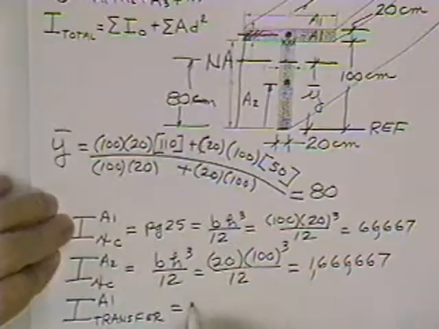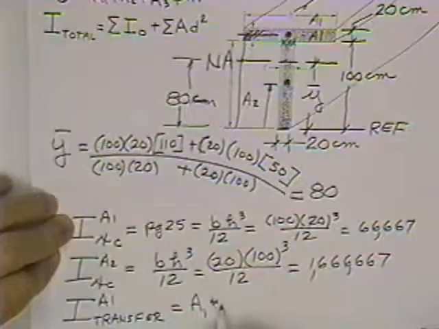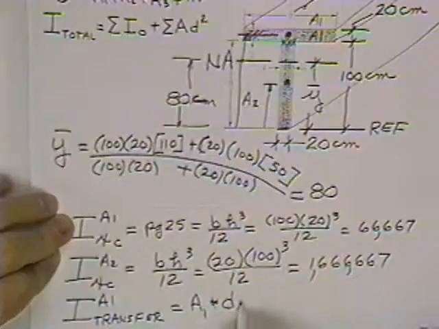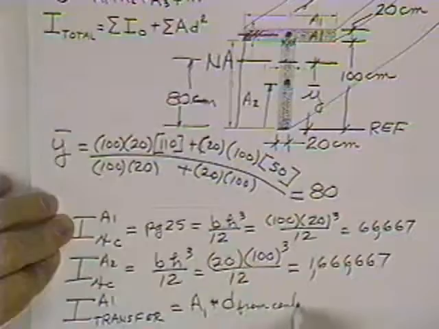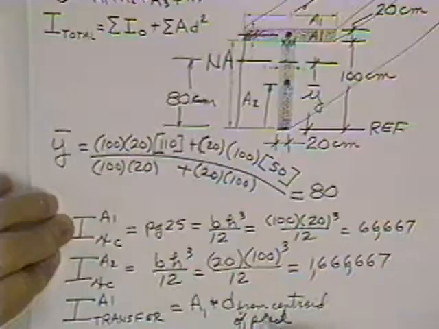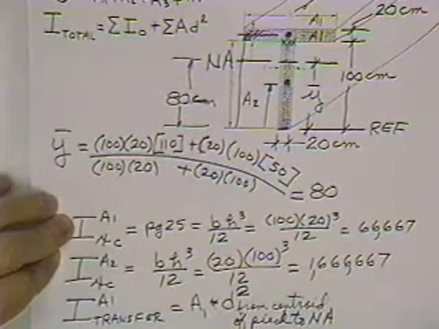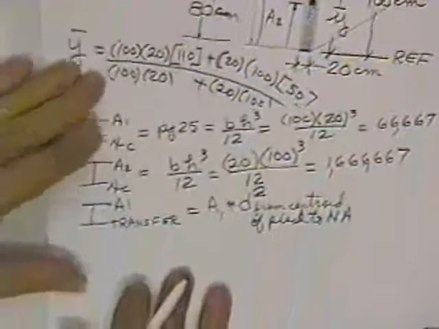And that transfer moment of inertia is how much area 1 has, multiplied times how far it is from the neutral axis, D, from the centroid of the piece to the neutral axis. And you don't only get that, but you get it squared, A D squared.